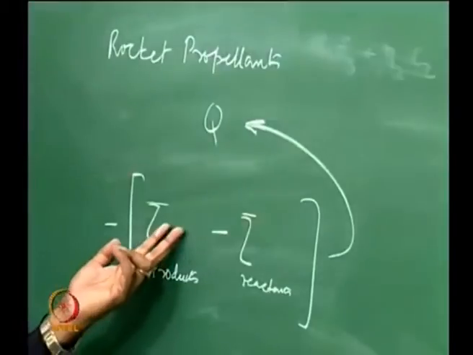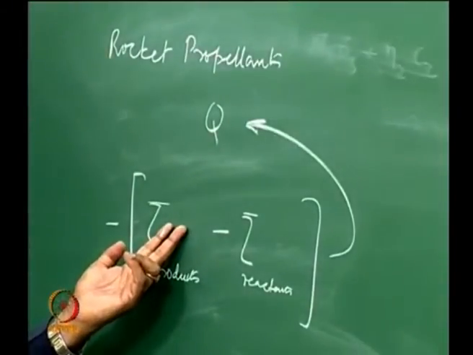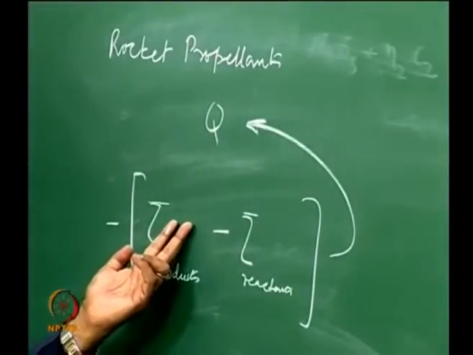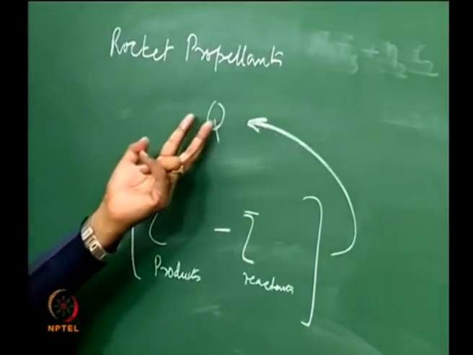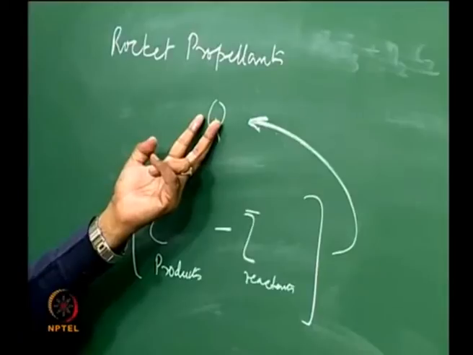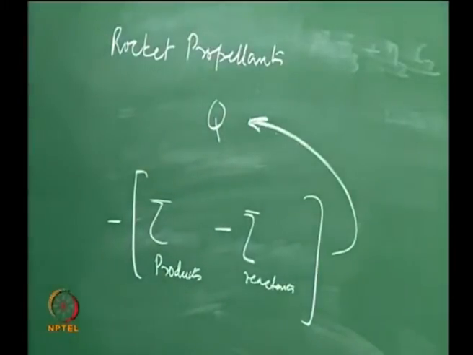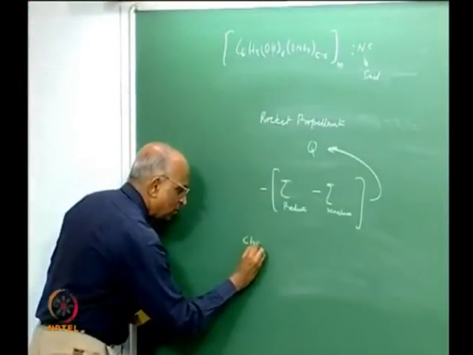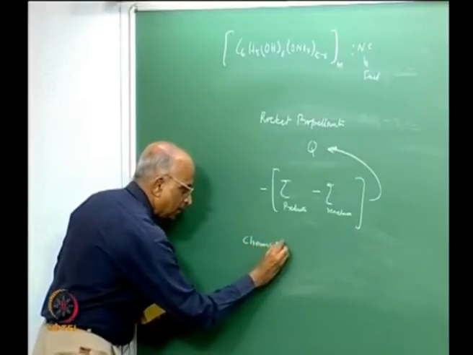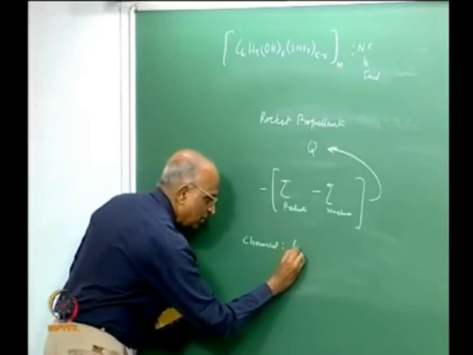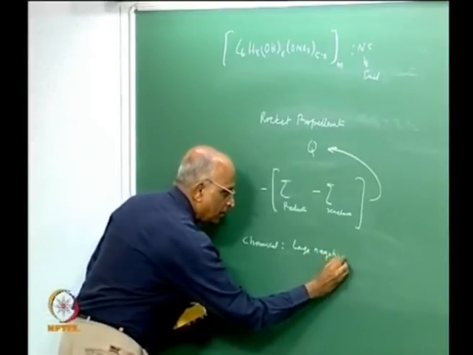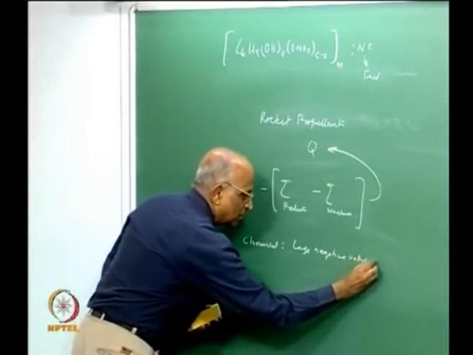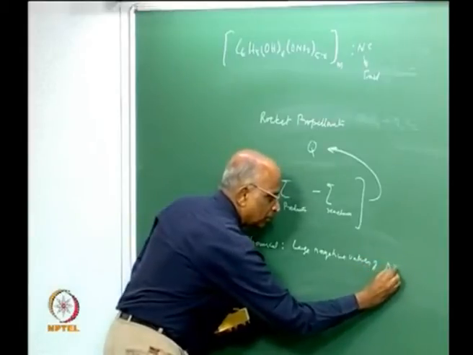If the products could have individually negative values, and if the products could have high negative values, then this negative becomes positive, and I could have a high value of Q. Therefore, one of the requirements of chemicals which can be used as propellants is they must have large negative values of heat of formation.